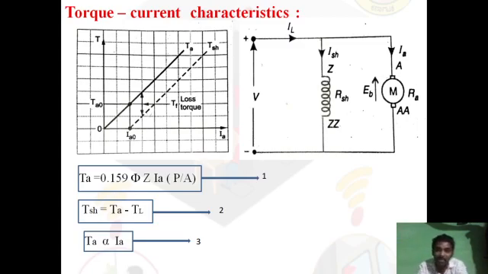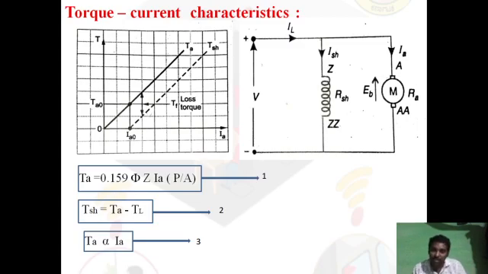Whenever a supply is given to those conductors, it again produces flux. According to the working principle of the DC motor, whenever a current carrying conductor is placed in a magnetic field, it experiences a force.